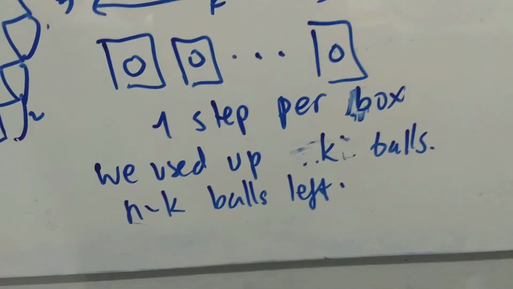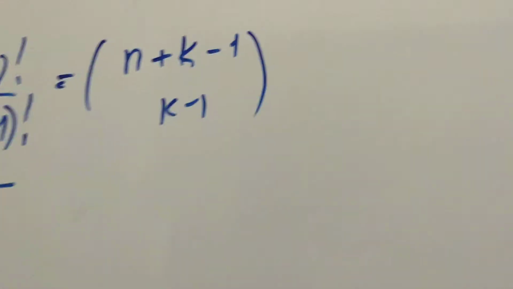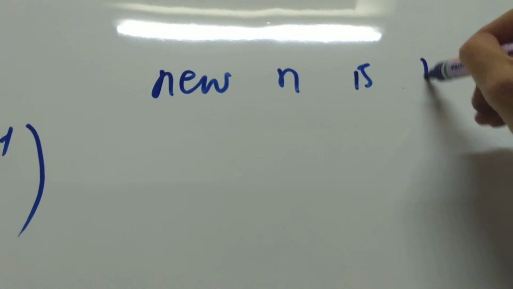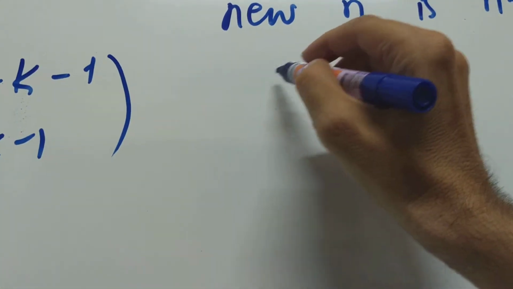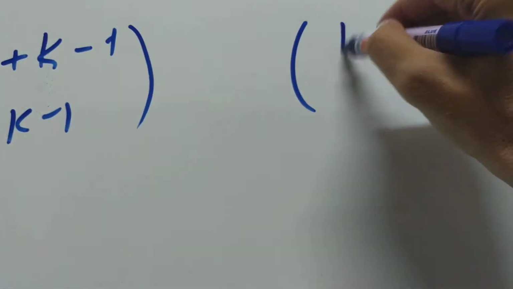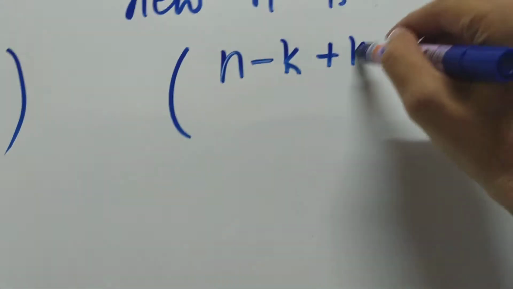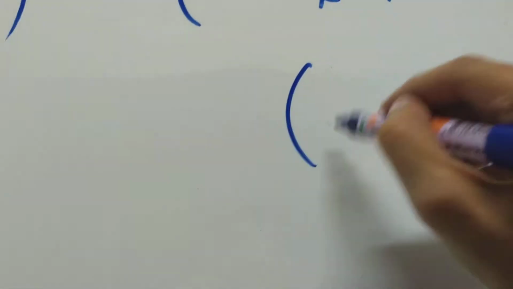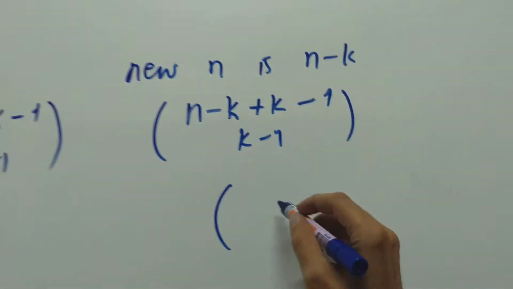N minus k balls left. Okay, great. So our new n is n minus k. So let's use this formula here, and instead of n, we put n minus k. We have n minus k plus k minus 1, k minus 1, and we end up with this beautiful thing. Have a look.